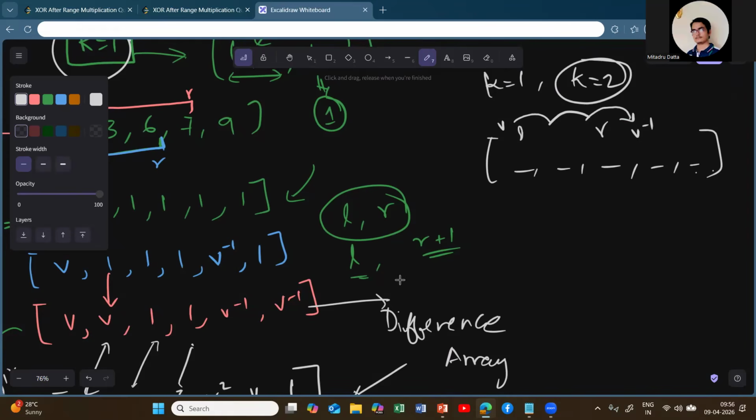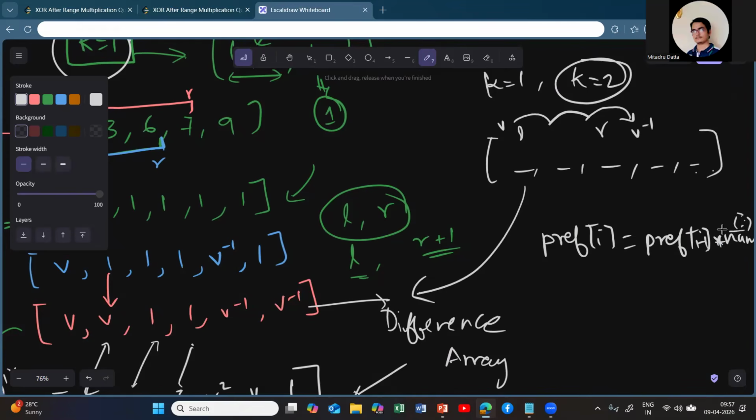And also while you are making a prefix array, instead of multiplying all the elements, you just multiply the elements in steps of k. So what do you do in a prefix array? Earlier, prefix of I equals prefix of I minus 1 into nums of I. What you do now is that you take prefix of I minus k, and then multiply with nums or whatever array's ith element.